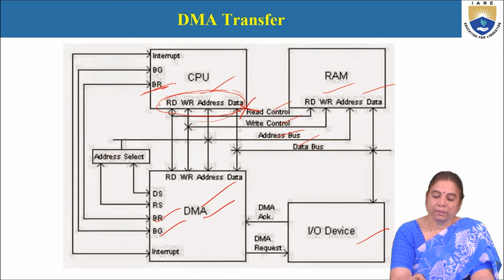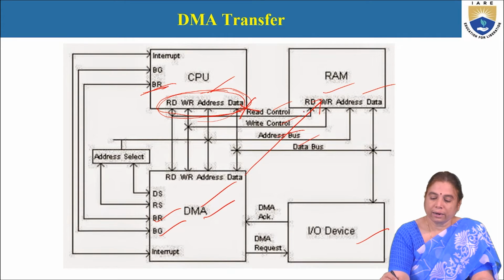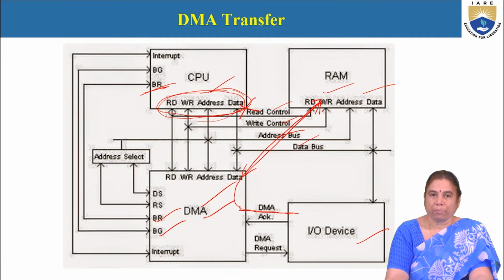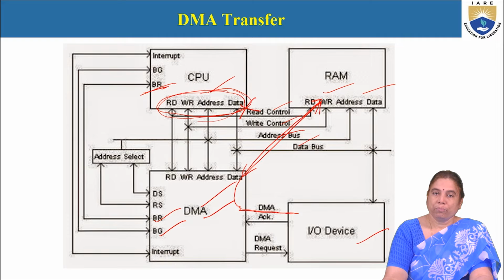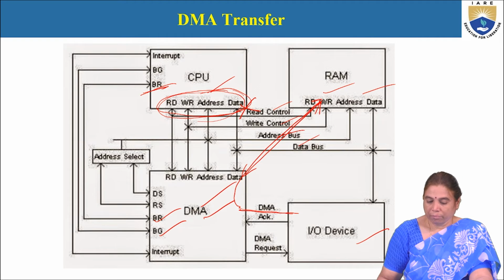So whenever this high impedance state is there, the bus grant signal is sent to the DMA so that the DMA can directly connect to the internal memory, and the peripheral data can be transmitted to the internal RAM. In this way, the DMA can transfer the input-output data to the memory.